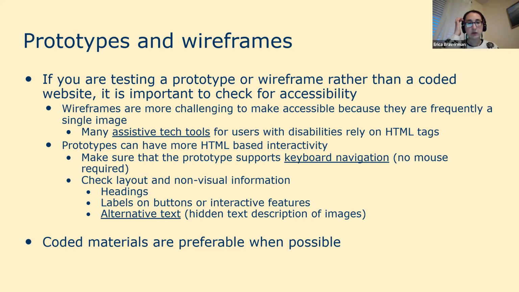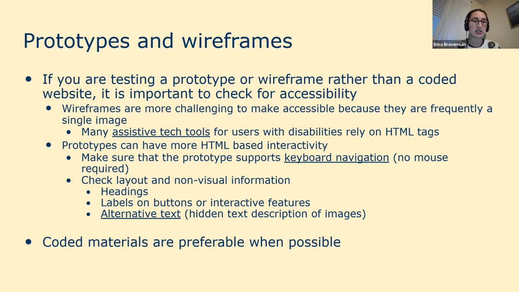And a lot of tools that people with disabilities use to interact with websites and apps, called assistive technology, and I've linked some examples, they rely on the HTML that a live site would have, and a wireframe wouldn't have that. So bear that in mind.